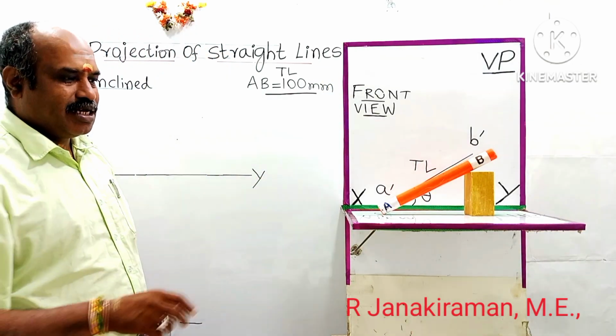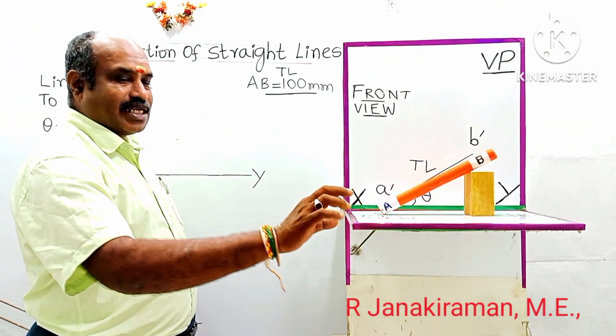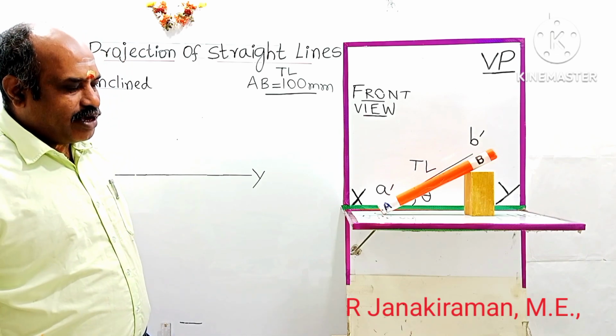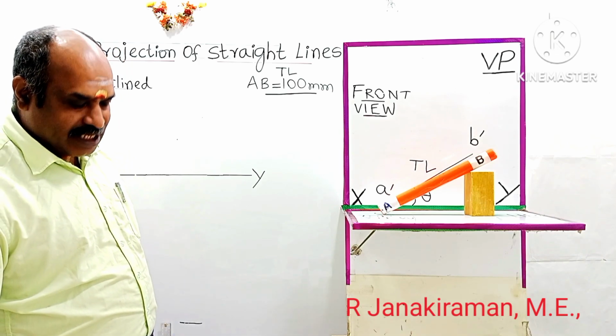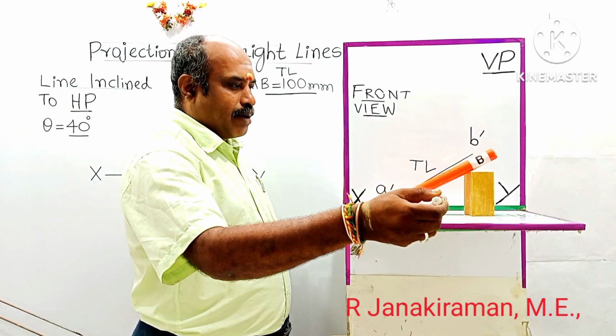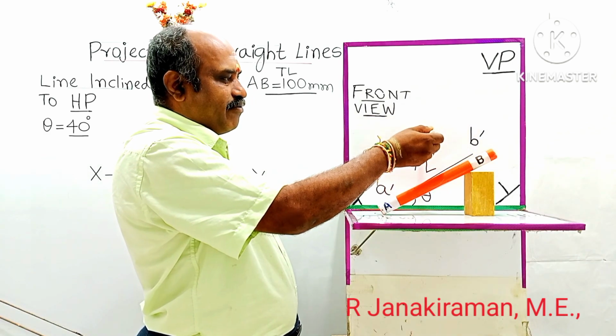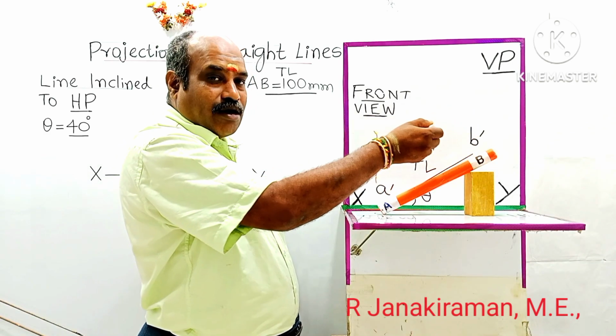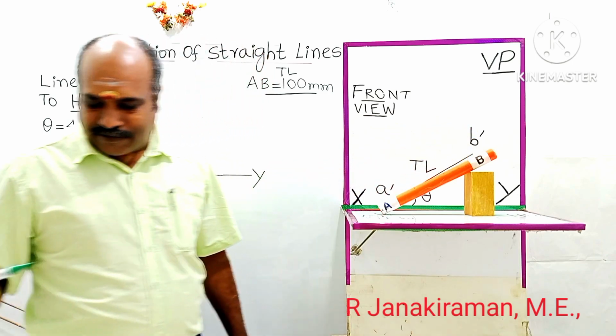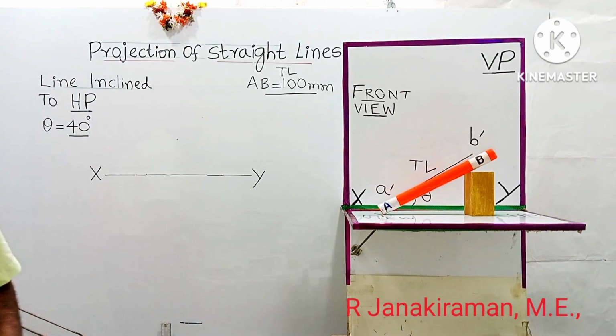Three dimensions will be visible, and the thickness of the plane may also be seen in the camera. So we have to visualize the object perpendicular to the plane of projection. Perpendicular means 90 degrees to the vertical plane. When we visualize the straight line, the view obtained is called a front view.